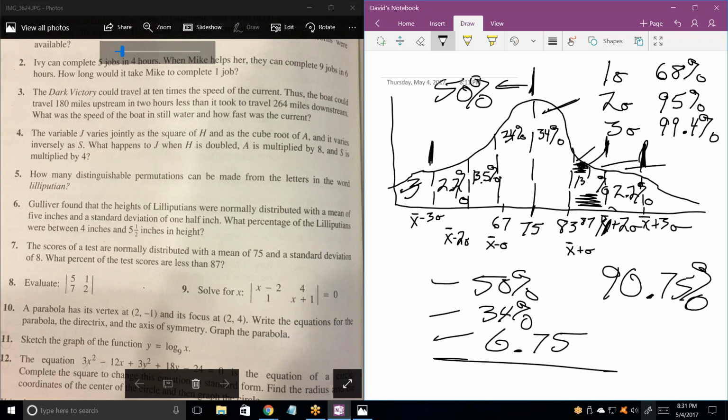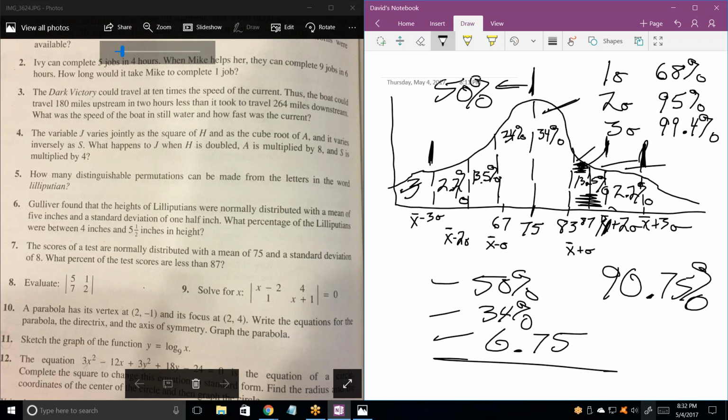Since 87 is halfway there, I split it in 2 and called it 6.75% instead of 13.5. So that's where we got the 6.75. From 83 to 91 is 13.5% of the data, so from 83 to 87 is 6.75% of the data.